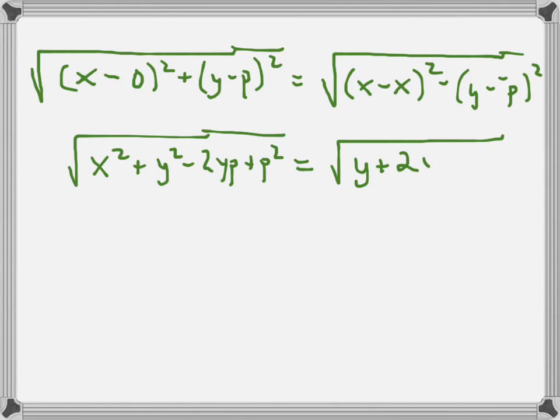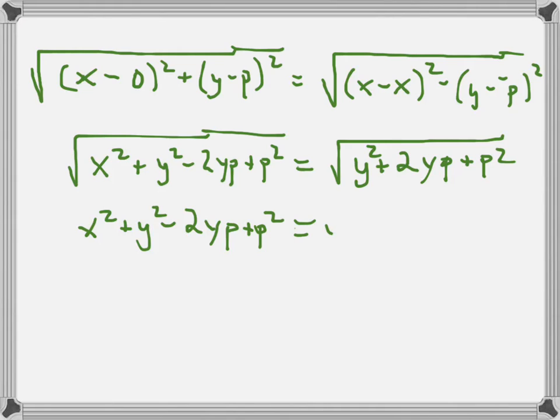Now that's going to give me y squared plus 2yp plus p squared. To get rid of the square root, I'm just going to square each side. So I'll have x squared plus y squared minus 2yp plus p squared, and that's going to equal y squared plus 2yp plus p squared.